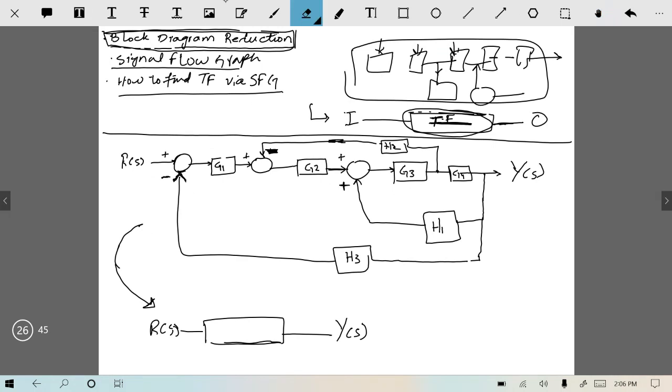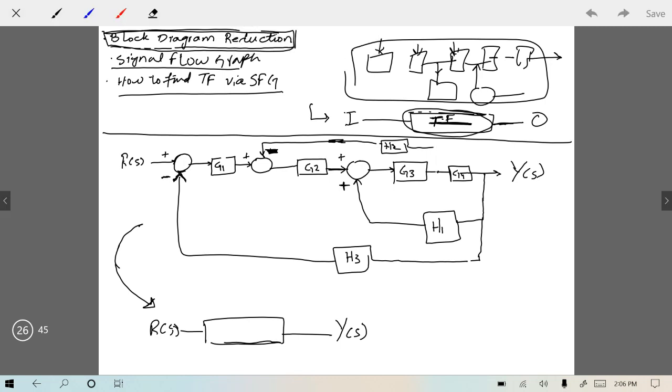Let me remove this connection. Let me use another pen for it. However, the signal that we were picking was something, if I say that signal over here is A, the signal over here would be A into G4.